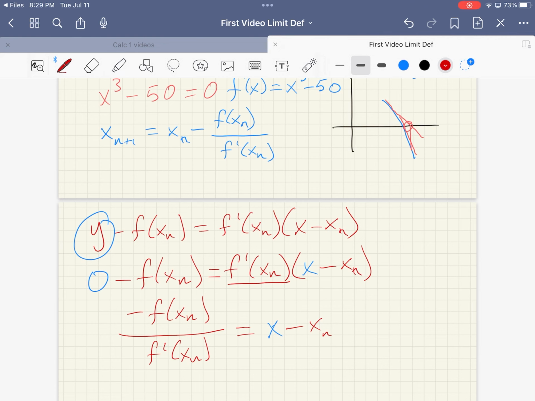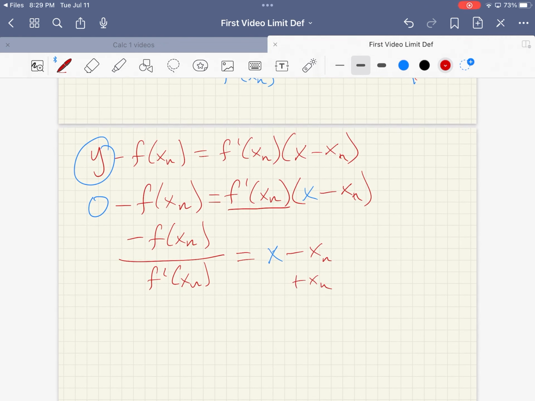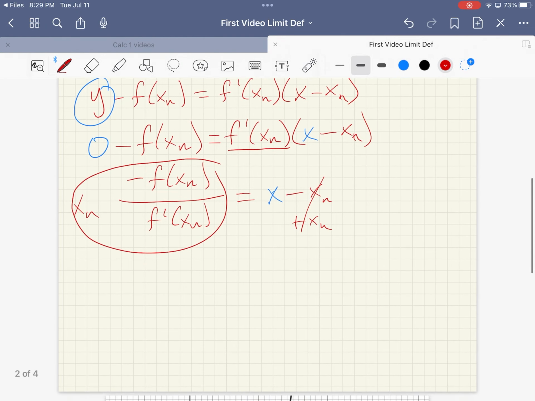That should be x sub n, not x sub 1. And then I will add this over here, and there is my formula. So this is basically saying that the root of the tangent line is found by doing that, and that gives me my next value.